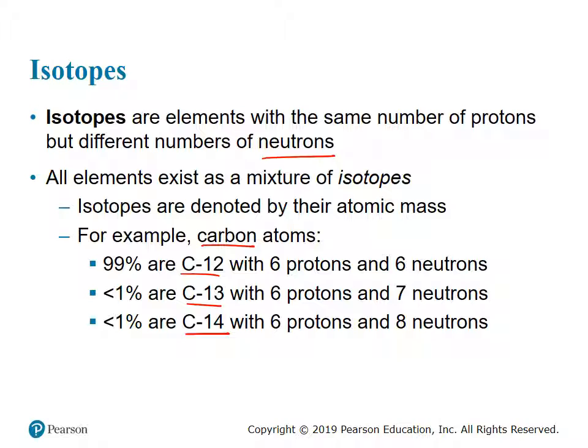Now, it says 99% of all the carbon that we have on Earth is C12, which is the stable one. We have less than 1% of C13 and less than 1% of C14.